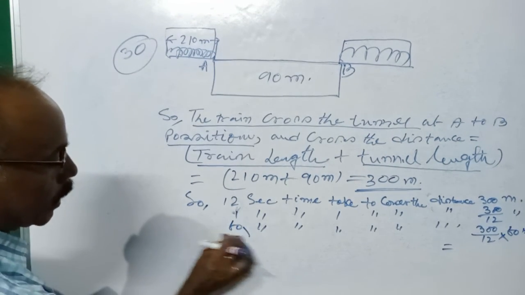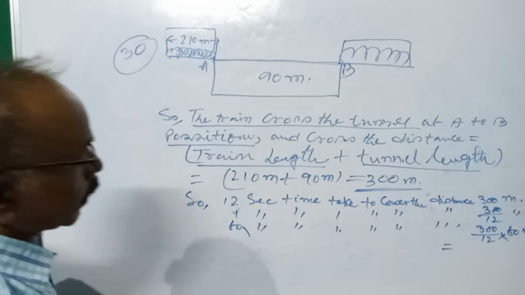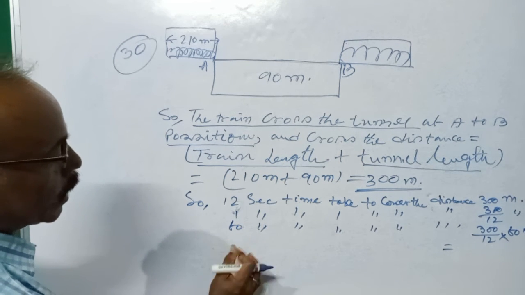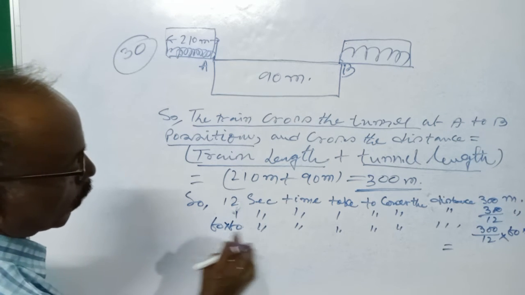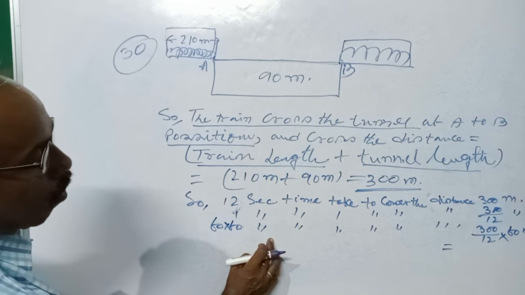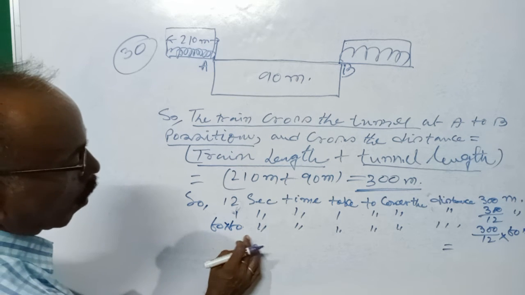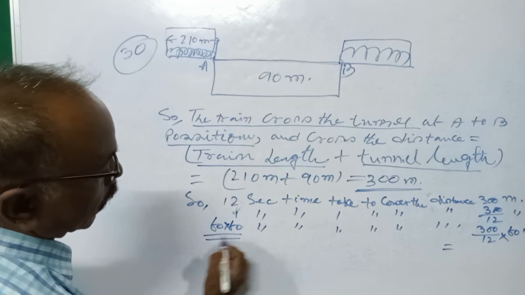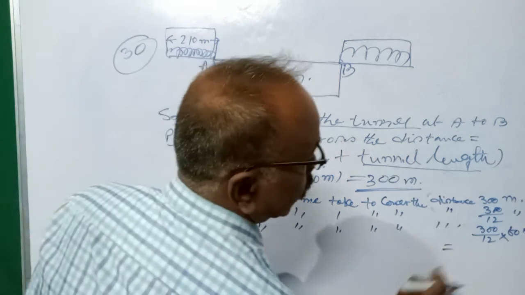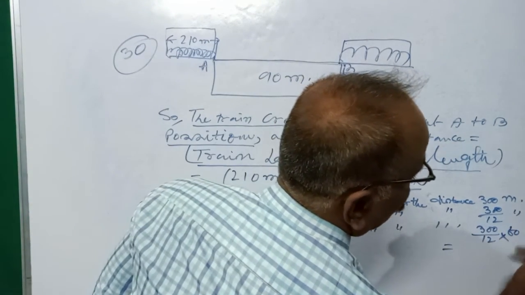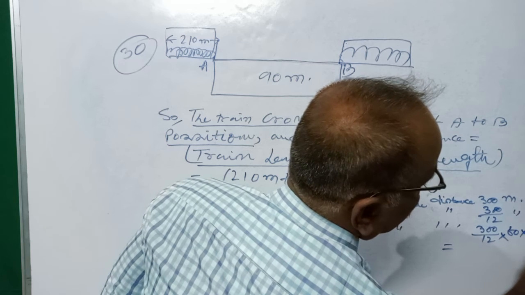My dear student, 60 means 1 minute, again 60, this will be hour. Every hour, 60 into 60 seconds, the distance covered is 60 into 60.